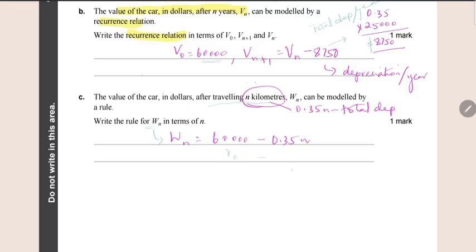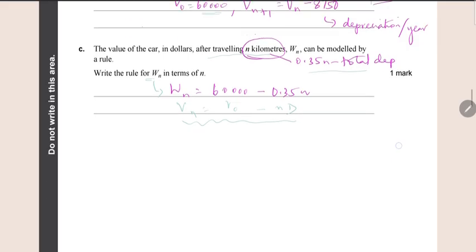A lot of students wrote 8750 times n. So it's per kilometer, and so that's your total depreciation, and that's your answer. This is how you usually know it, but you have to write it in terms of the alphabets that they've given you.